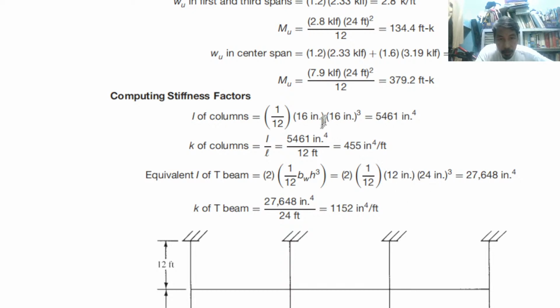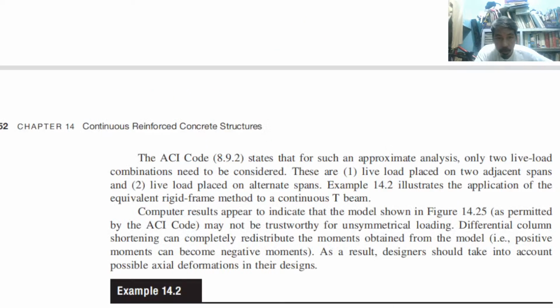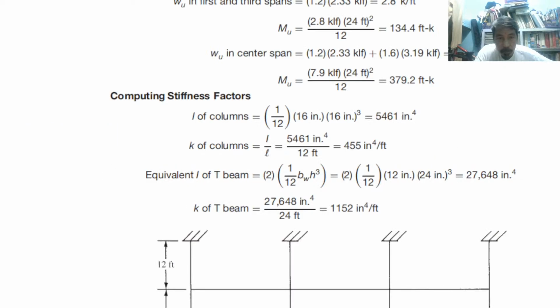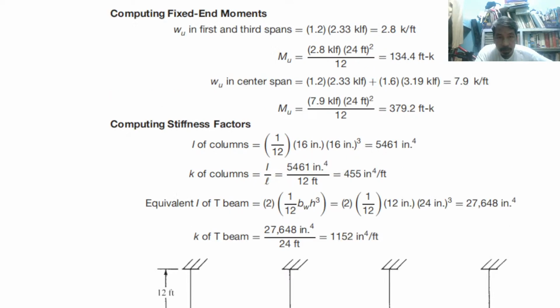But what is the H? We have 24 in our H for the T-beam, because the thickness is 16, 16 by 16.